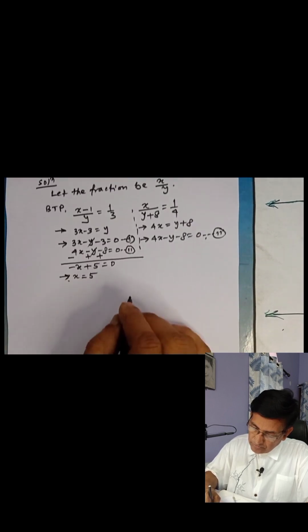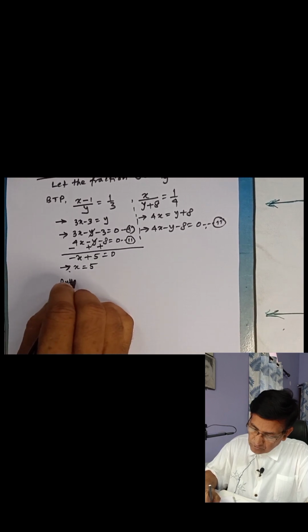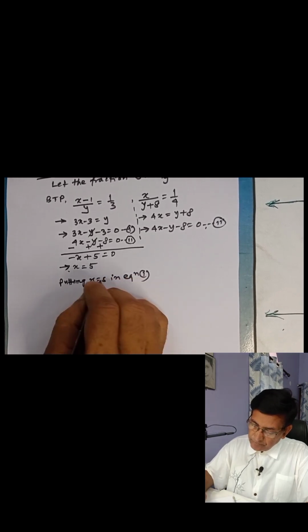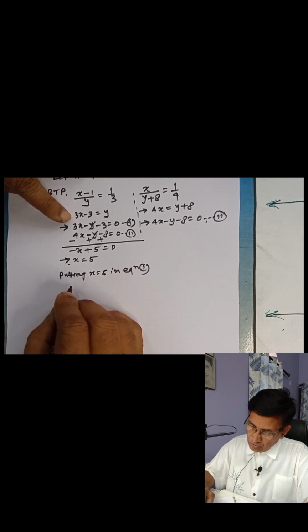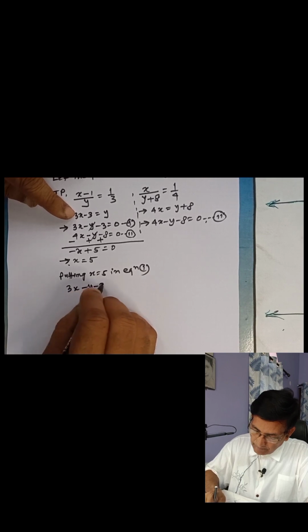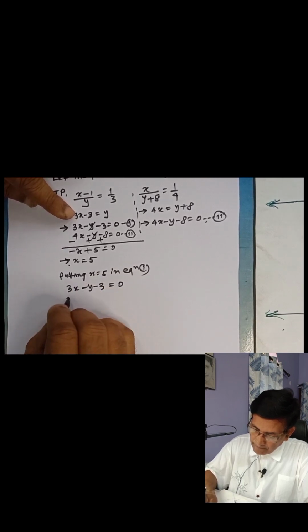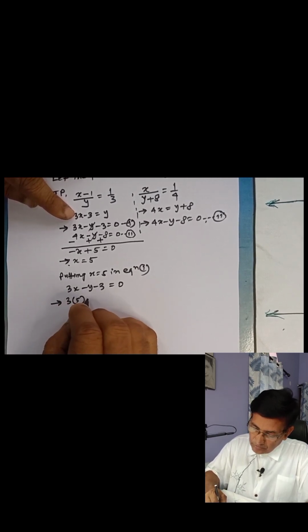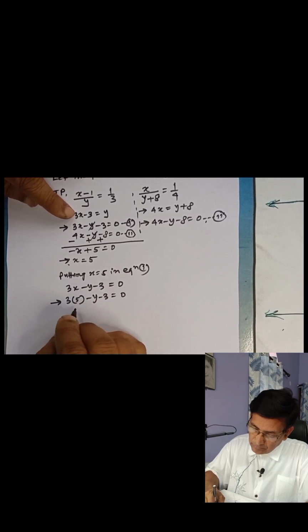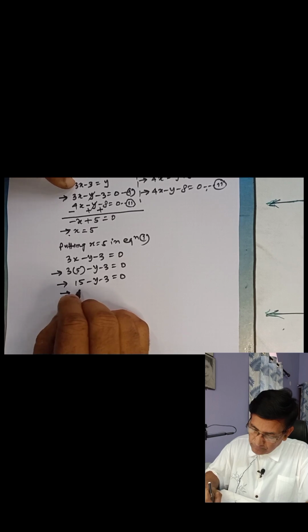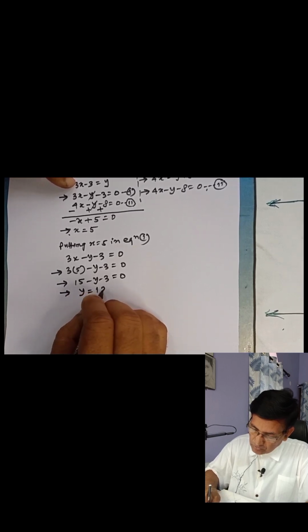Putting x is equal to 5 in any equation, 3x minus y minus 3 is equal to 0, x is equal to 5, that means 3 into 5 minus y minus 3 is equal to 0, 15 minus y minus 3 is equal to 0, y is equal to 12.